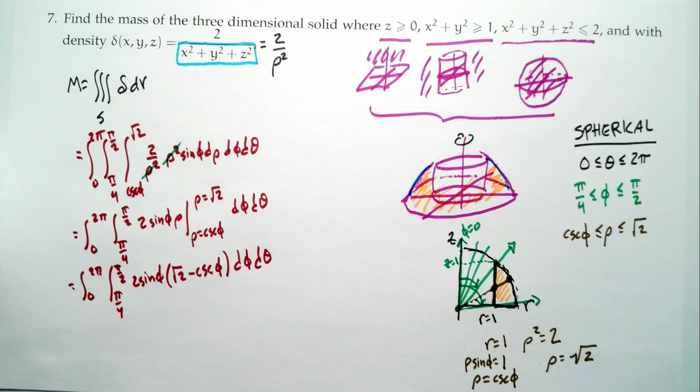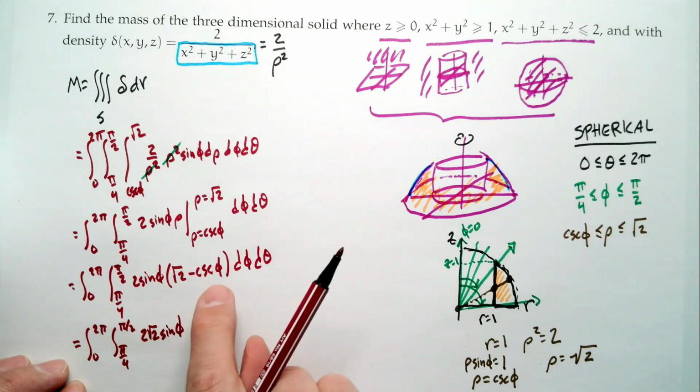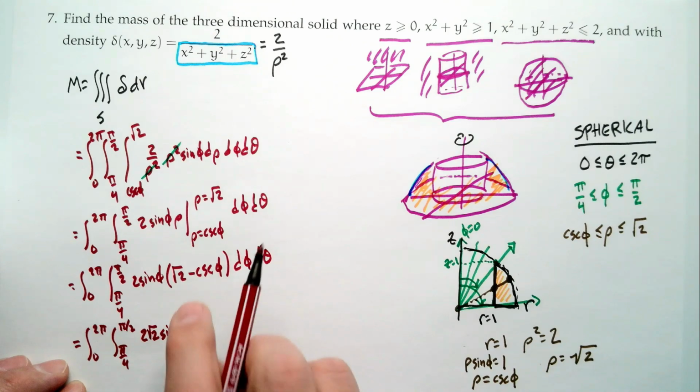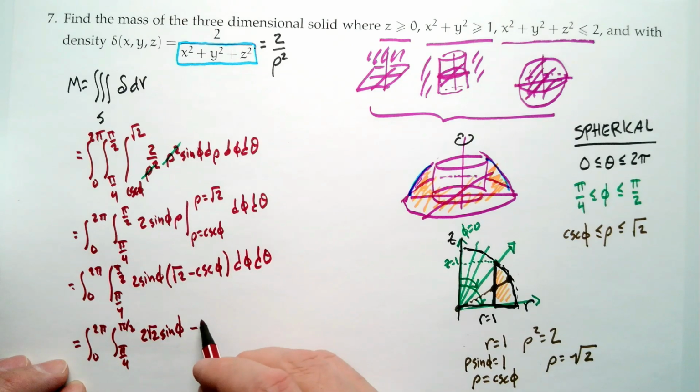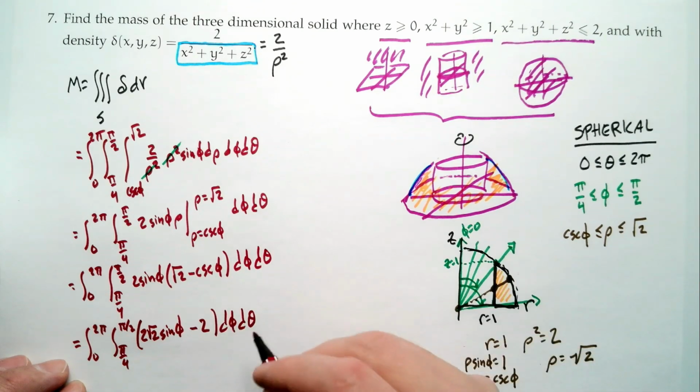So if you distribute the 2 sine phi through, what do we get? We get 0 to 2 pi, pi over 4 to pi over 2, and then we're going to get 2 root 2 sine phi. Sine phi times cosecant phi is going to be 1. And then there's that minus 2. And now, that's an integral we can do.